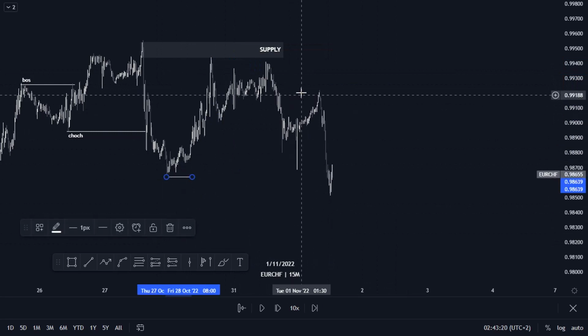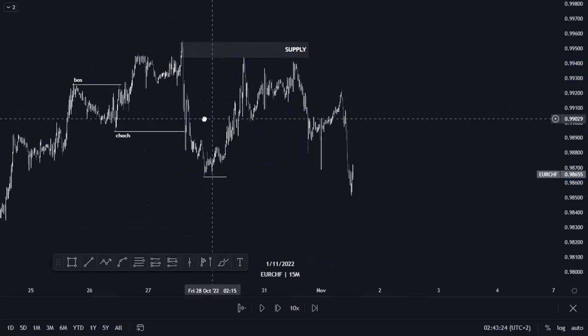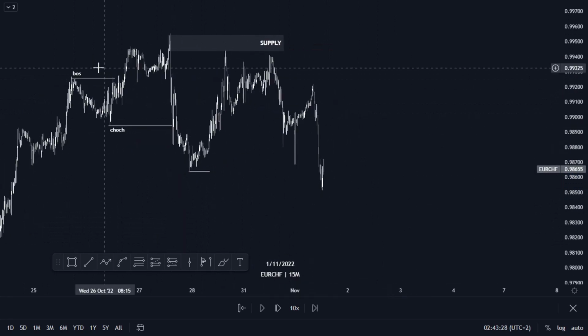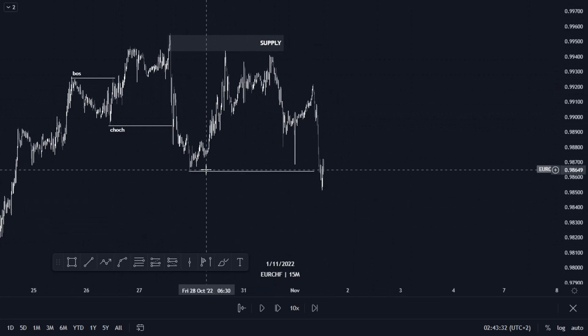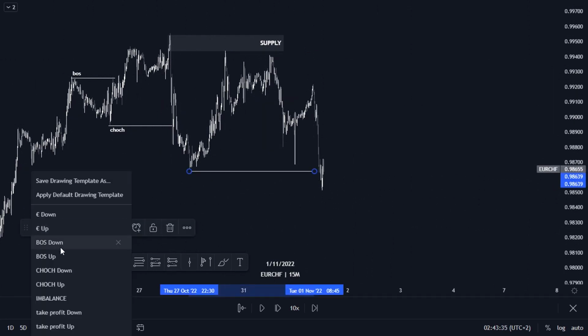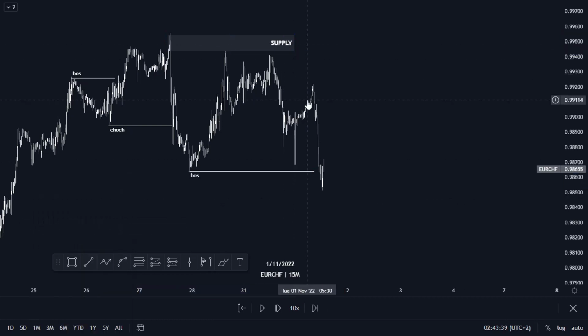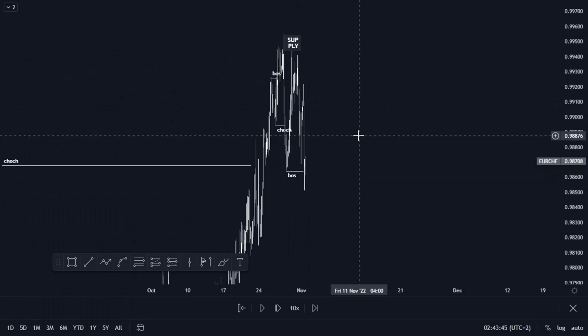Okay, so now since price created this breakout structure, change of market character, we can see that we are in a confirmed bearish trend. Here we have a break of structure, and let's move on to the 2-hour chart and see what we have.